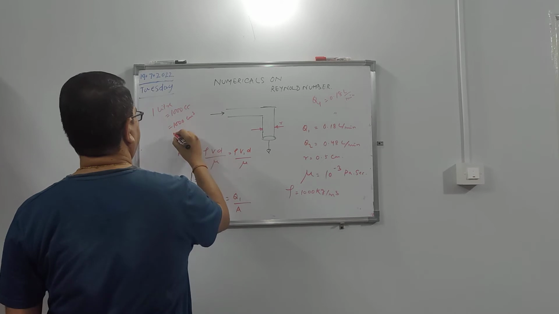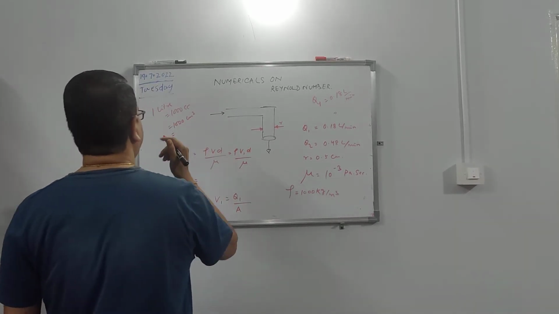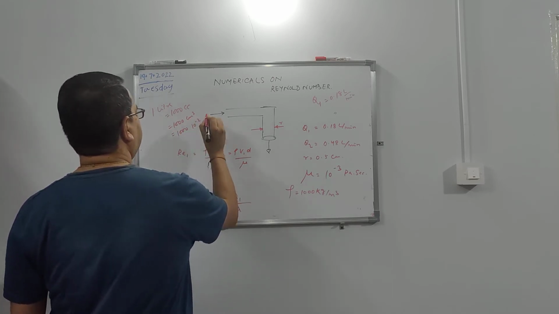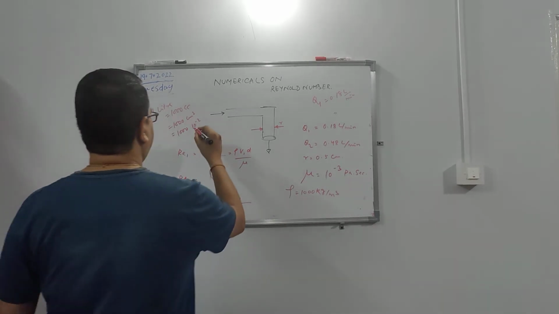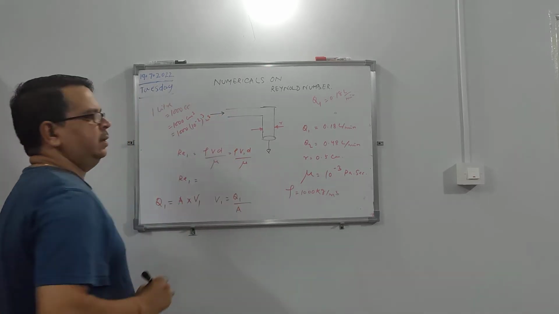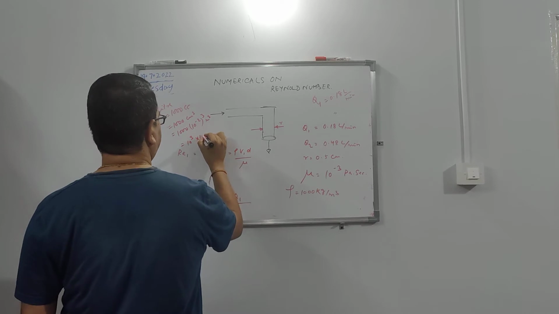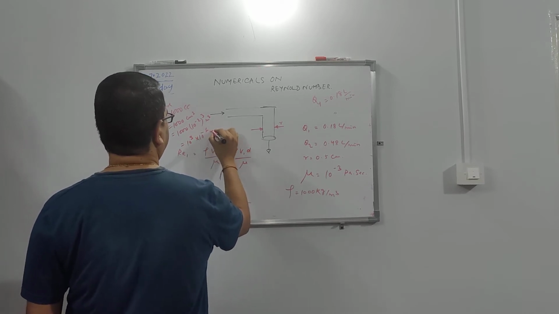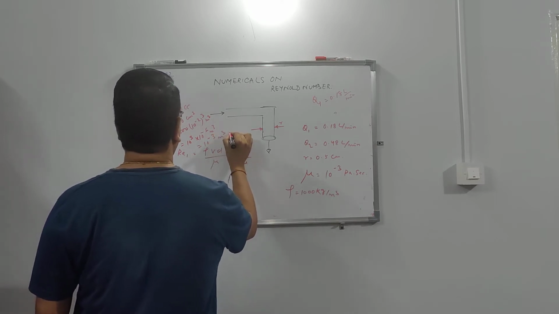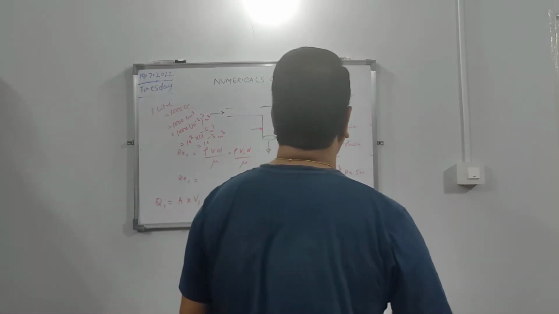Then this cm I have to write as 10 to the minus 2 meter, to the power 3, meter cube. So this becomes 10 to the power 3 into 10 to the power minus 6 meter cube, which becomes 10 to the minus 3 meter cube. So 1 liter is equal to 10 to the minus 3 meter cube.